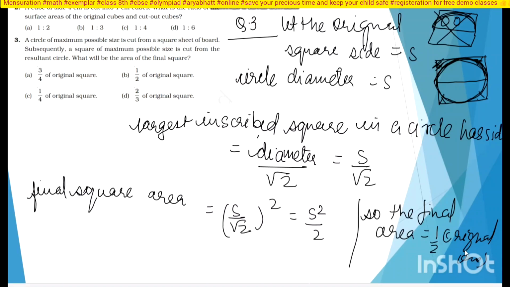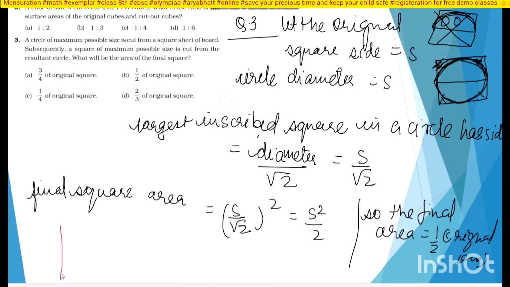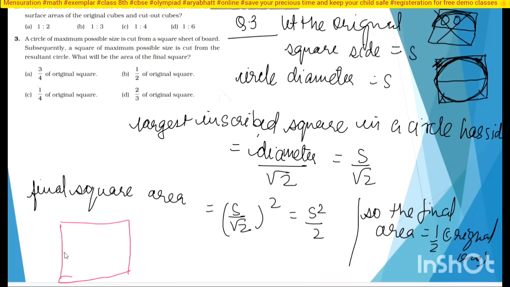Okay, you understood? So I will say draw the diagram this way. This is your initial square, then the inscribed circle is this. Now the largest square inscribed in it will be like this, so you have to find the area of this inside square. Do you understand how we got this value?